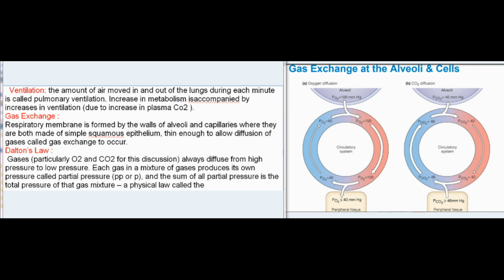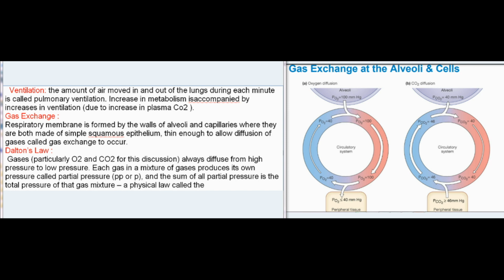Gas exchange. The respiratory membrane is formed by the walls of alveoli and capillaries, which are both made of simple squamous epithelium, thin enough to allow diffusion of gases, called gas exchange, to occur. Dalton's law: gases, particularly O2 and CO2 for this discussion, always diffuse from high pressure to low pressure.